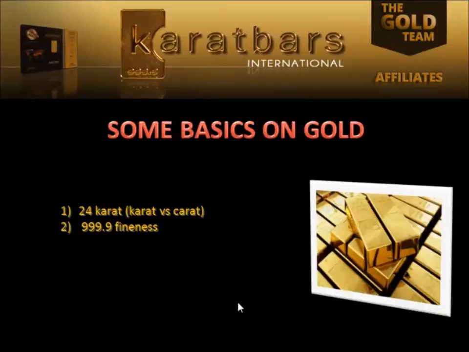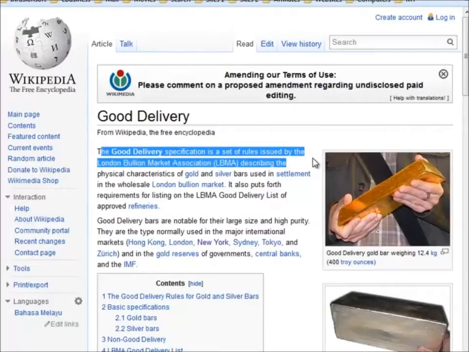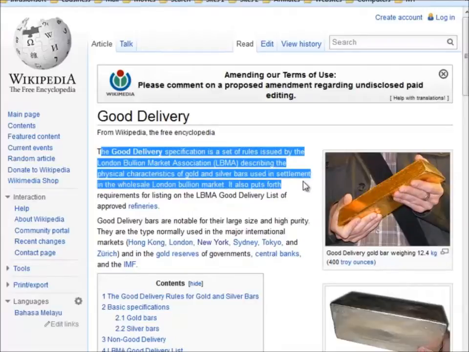The next thing to have a look at is what's this LBMA and good delivery specification that keeps coming up often. I went back to Wikipedia for this. The good delivery specifications are a set of rules issued by the London Bullion Market Association, describing the physical characteristics of gold and silver bars and used for settlement in the wholesale London bullion market.